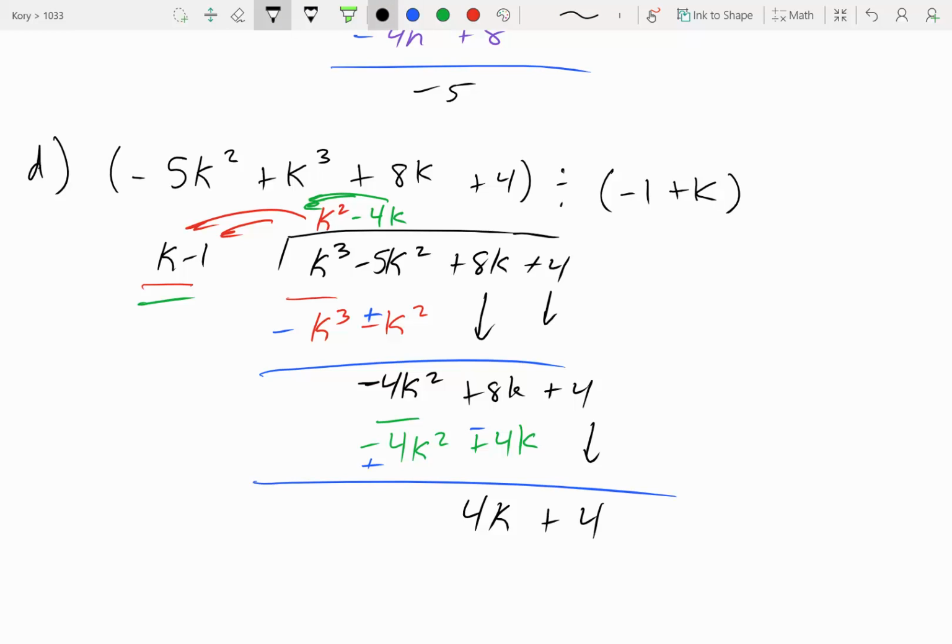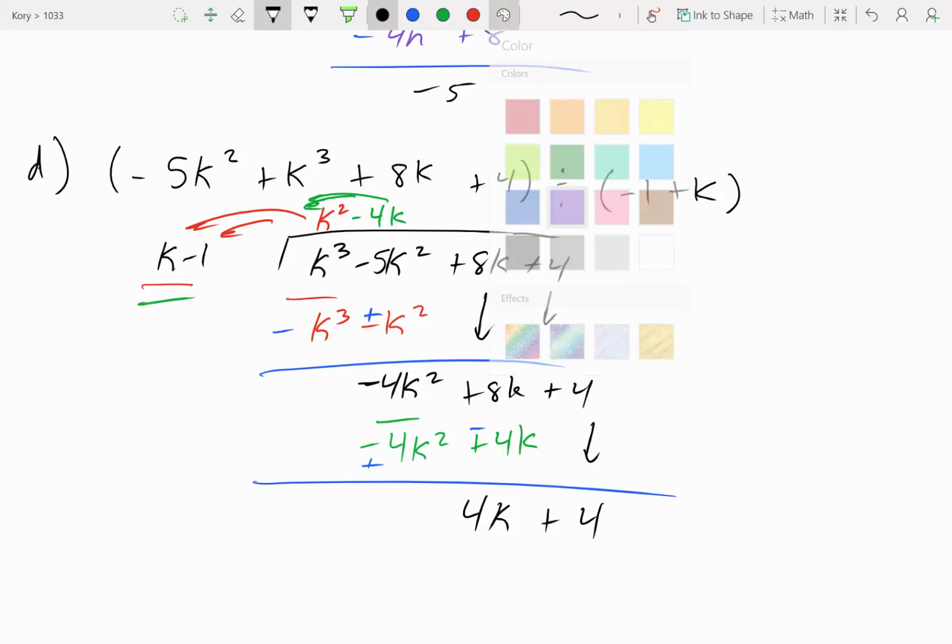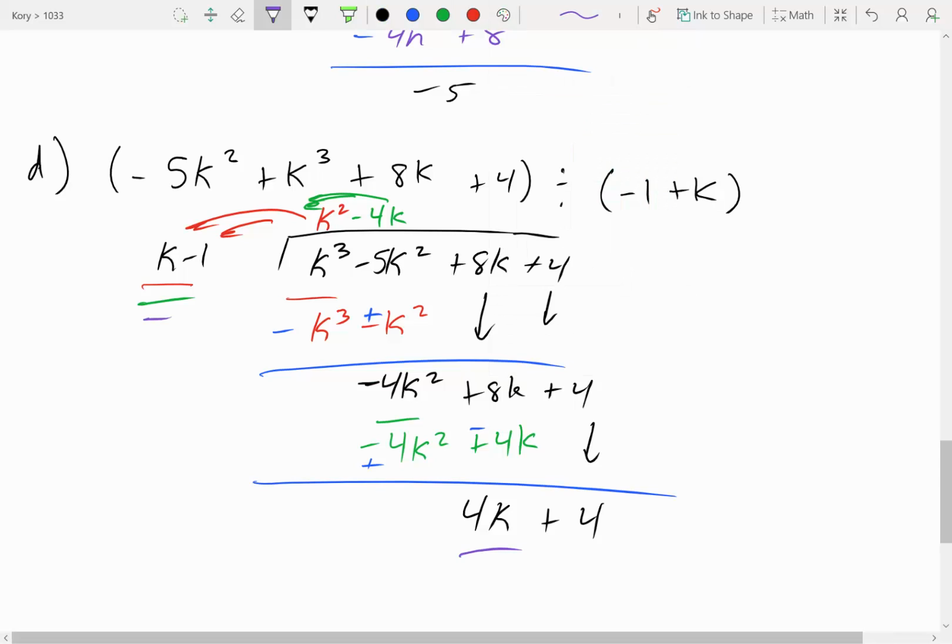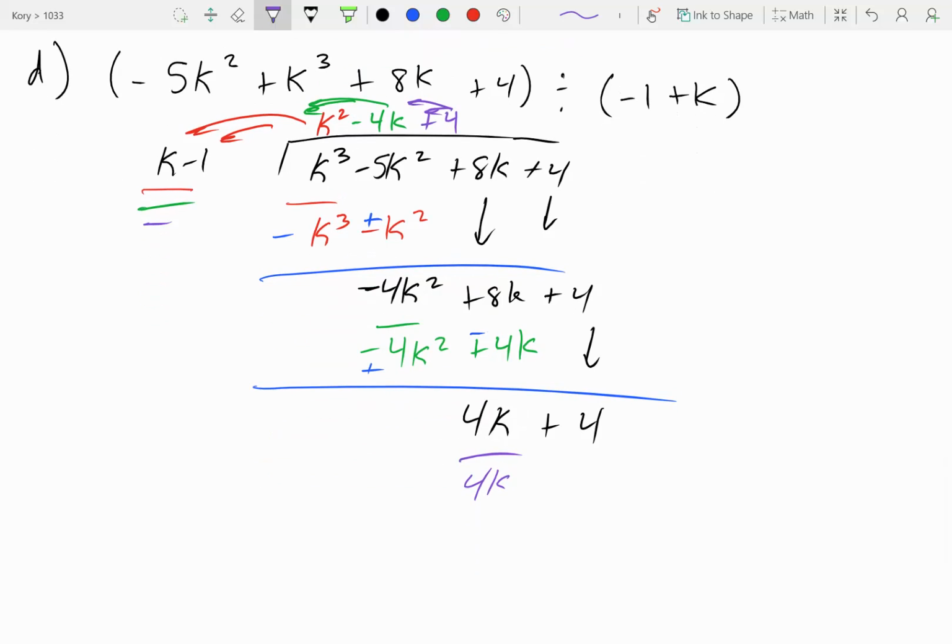Repeat your steps again. So how can we make k be 4k? Multiply by positive 4. So we multiply by positive 4, multiply it out. We have 4 times k is 4k. 4 times negative 1 is negative 4. We're going to switch the signs.